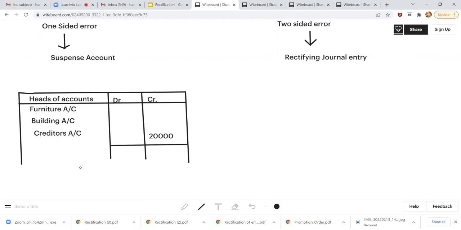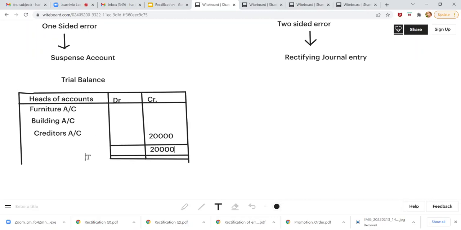So when we talk about trial balance, there must be a balance between debit and credit side, right? So this is our trial balance format, and debit side should match with the credit side. Here the total of credit side is 20,000.